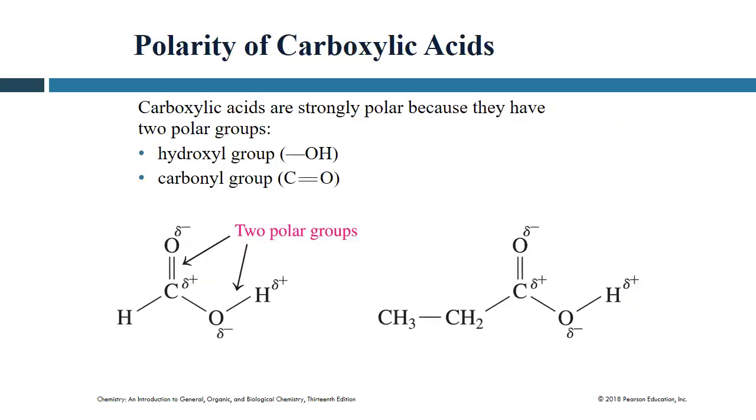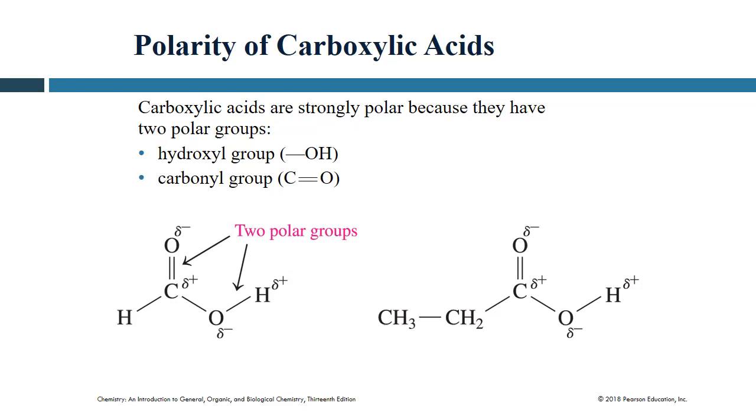Solubility of carboxylic acids comes down to this idea of polarity. All solubility comes down to polarity. What we need to understand is that the polarity of carboxylic acids is stronger than the other kinds of stuff that we've looked at thus far. Carboxylic acids are the most polar of the things we have talked about to this point.